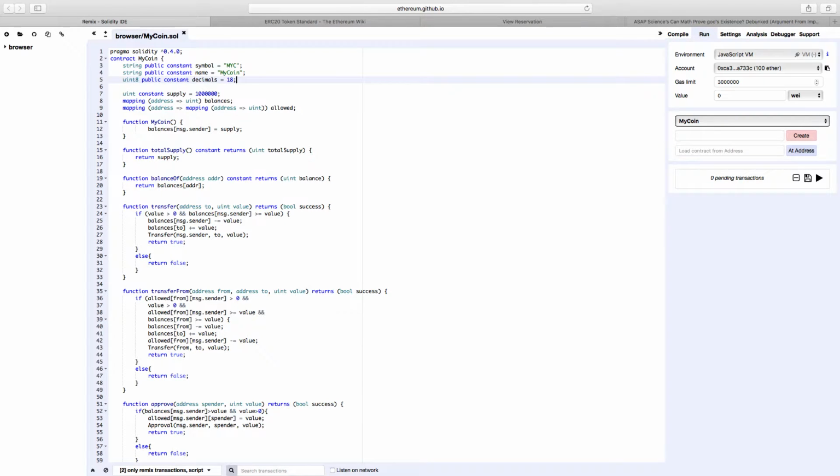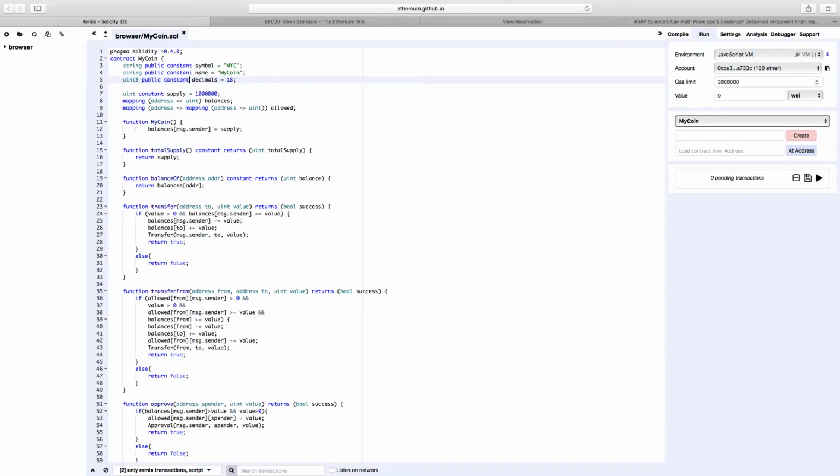Okay, and then the decimals. The decimals show how many of the smallest denomination make up the bigger cryptocurrency. For example, the smaller denomination of Bitcoin is the Satoshi. The smaller denomination of Ethereum is the Wei.